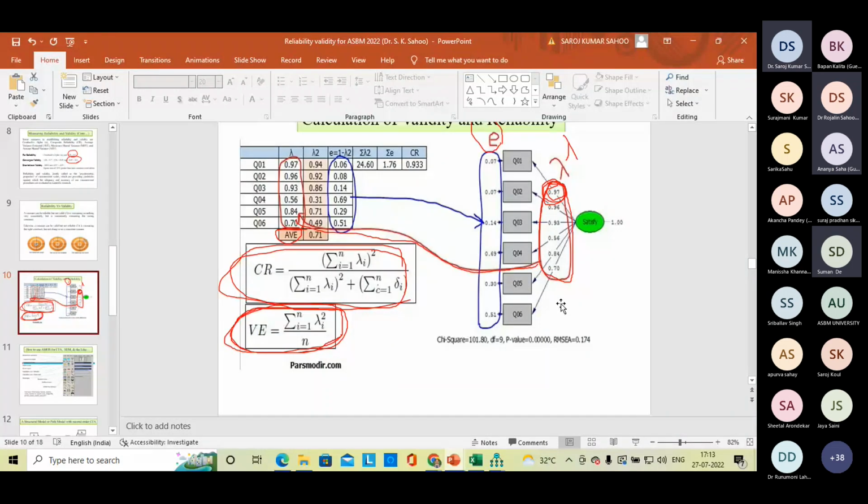Add the lambda values of a single construct, F1, then square it.